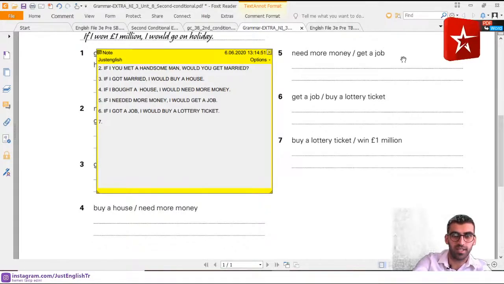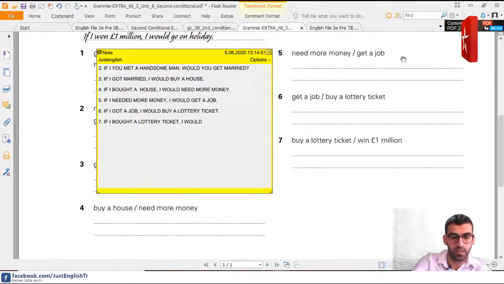Do you believe that you would win 1 million if you bought a lottery ticket? I would win 1 million pound sterling. Where is the symbol of pound sterling?